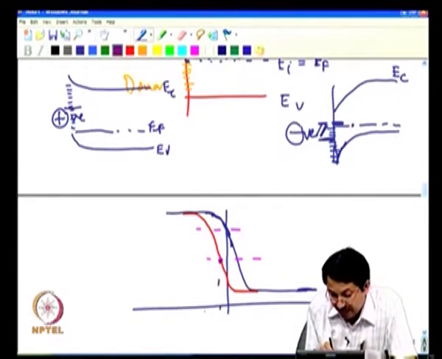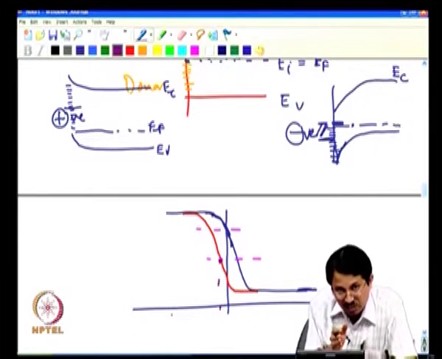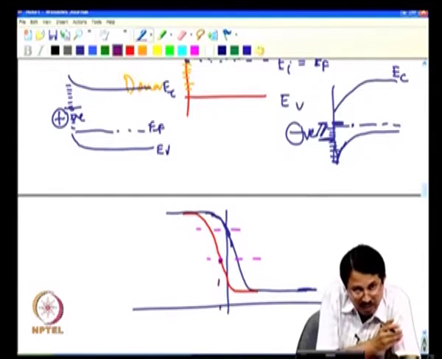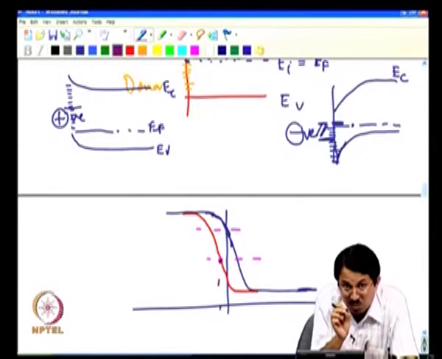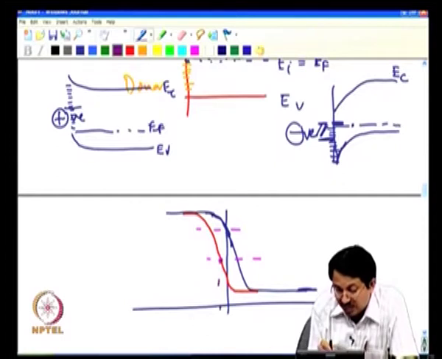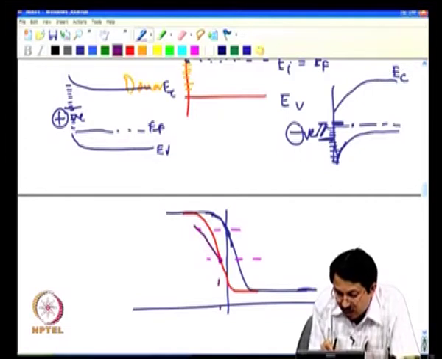But now as I start going towards this direction, I start getting more and more positive charge. Positive charge will tend to shift the capacitance to the left, remember, but it is not fixed positive charge. The positive charge starts increasing as I start going away and away. So, in other words, this curve starts looking like this.